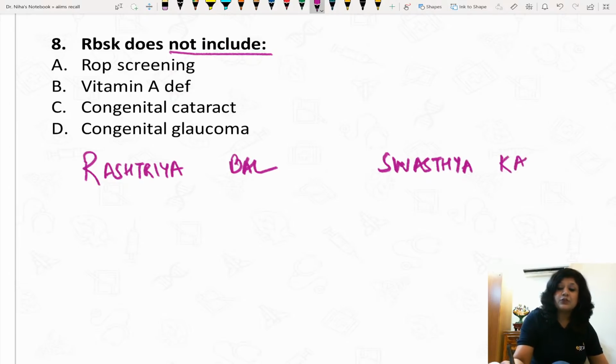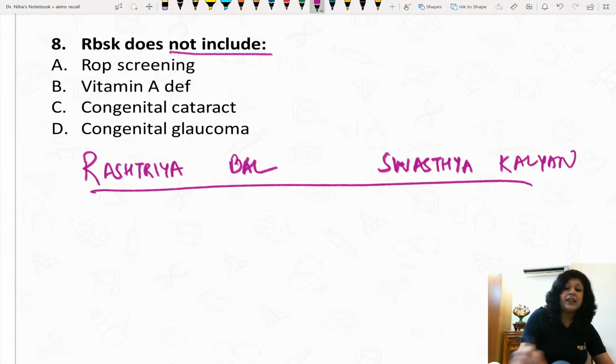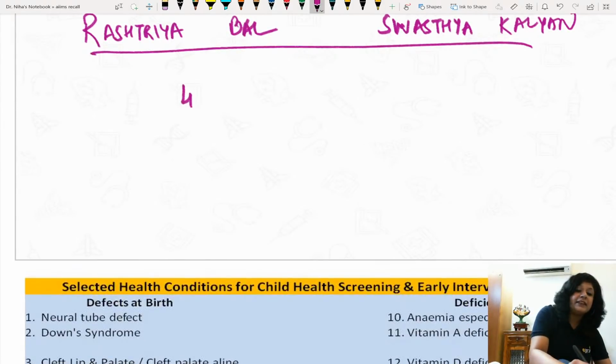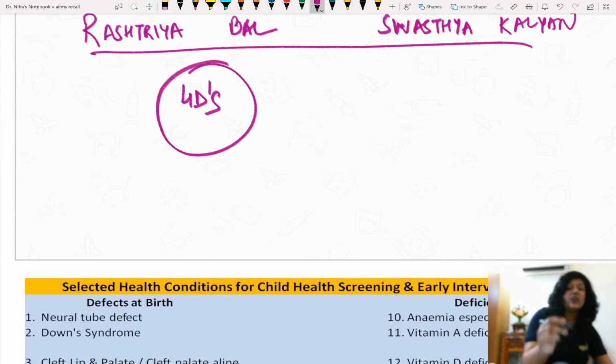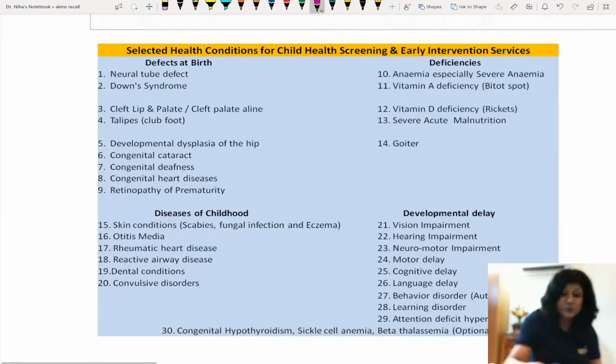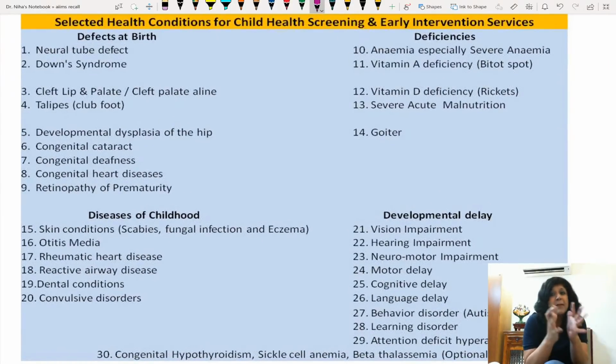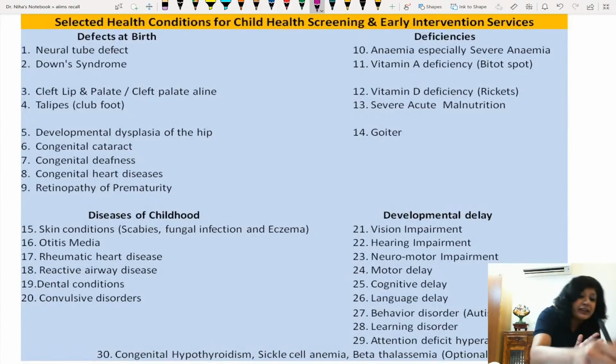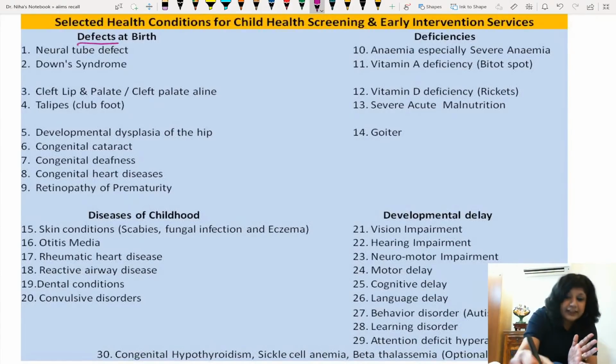So this is actually including the 4 Ds. The 4 Ds which are included here consist of so many things. So I will tell you how to remember these things. We have the defects, the deficiencies, the diseases, and the developmental delay.